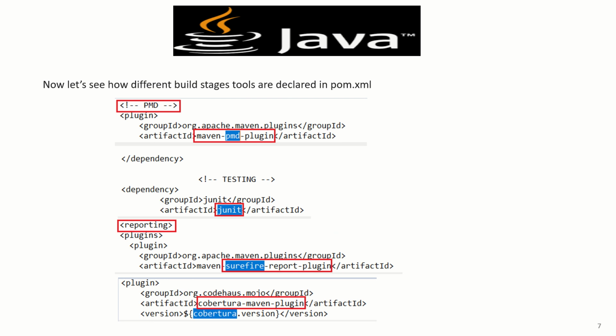Now let's see how different build tools are declared in the pom.xml file. This is an XML file which looks like this, where we can clearly see that multiple dependency-related tags are defined. There is a testing tag where we see JUnit, in the reporting we see Surefire report, and in one of the plugins we see Cobertura.